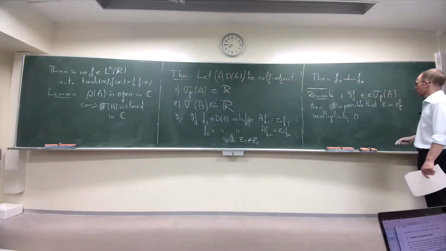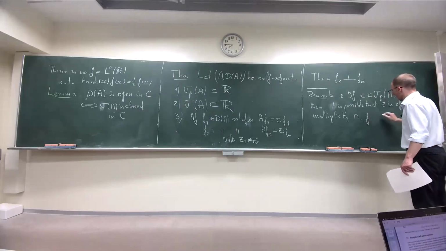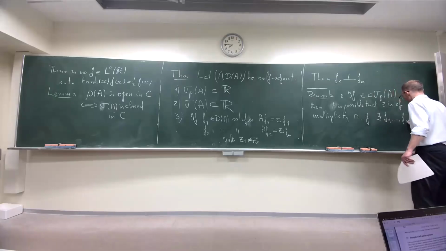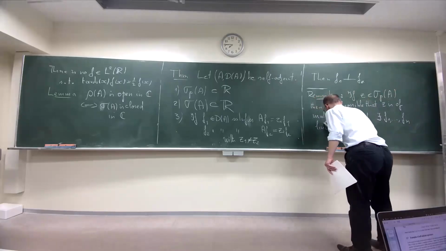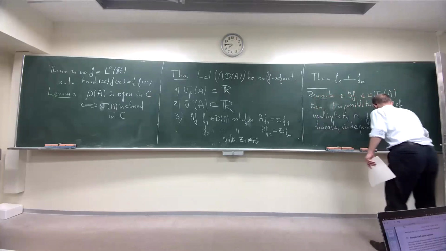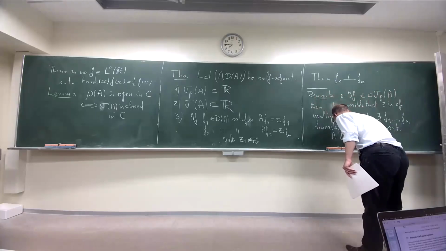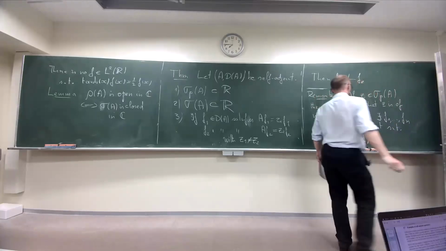So it is possible that z is of multiplicity n if there exist f1 up to fn linearly independent such that A fj is equal to z fj.